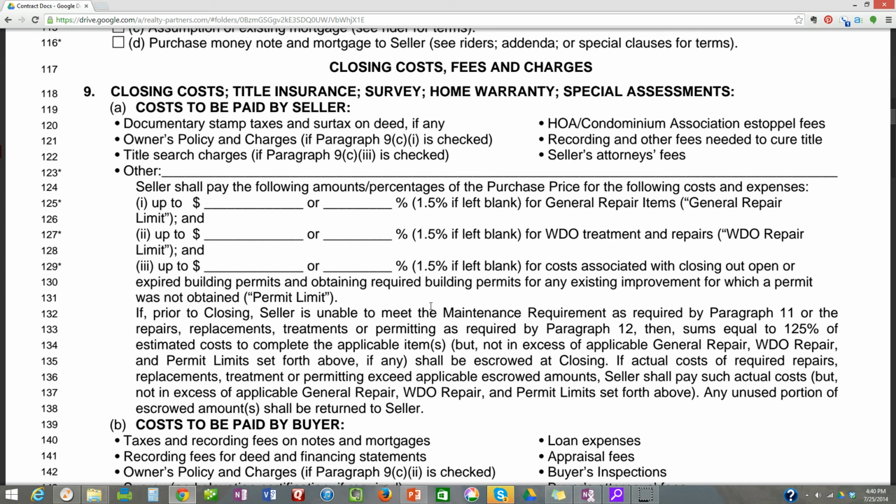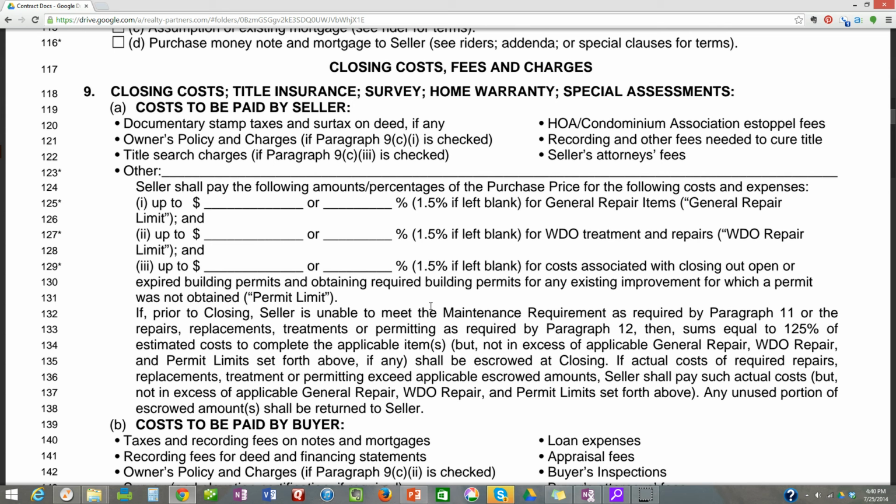But unlike an as-is contract where the buyer can cancel for any reason at all, I mean, they just don't like the color of the carpet in the closet in the second bedroom, they can cancel. Whereas here, the buyer then could only cancel if there are truly general repair items that would have to be addressed.